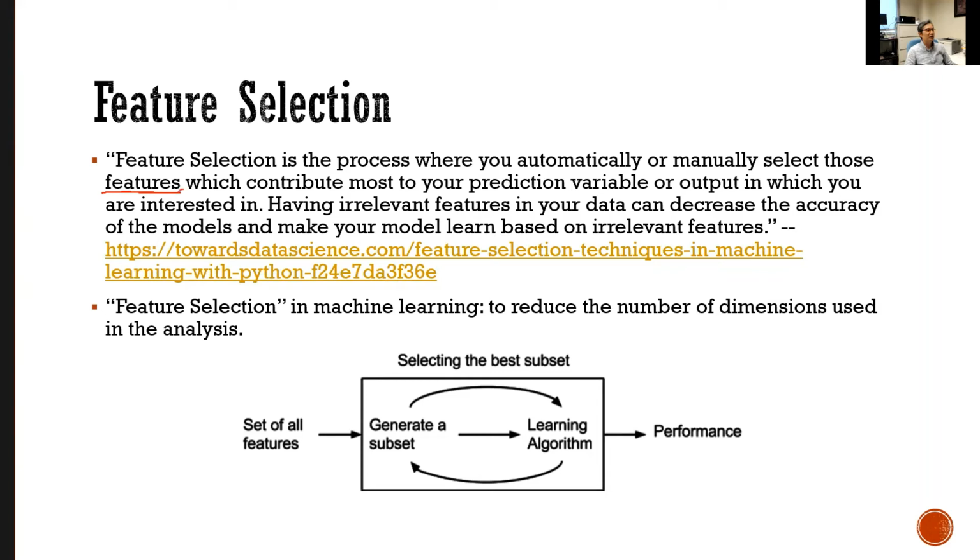These features are selected based on their contribution to the prediction variables or output in which you are interested. We want to keep the most important genes in order to gain performance downstream. Irrelevant features will decrease the accuracy of many models. So that's the concept of feature selection in machine learning.